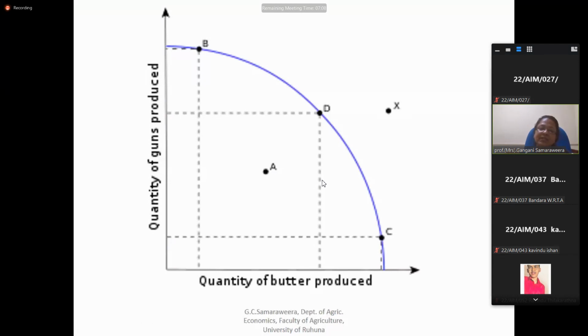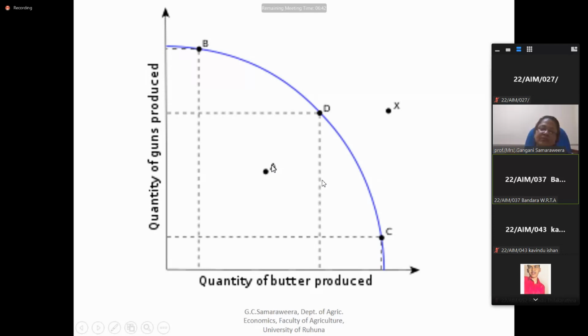Is it feasible? The point A is feasible. Feasible means whether it can be produced here, quantity of guns, quantity of butter, two products.